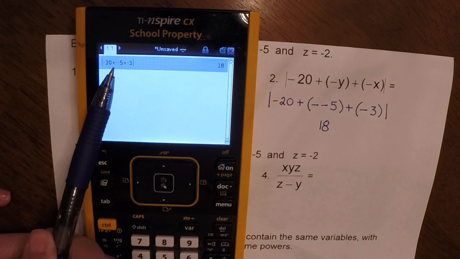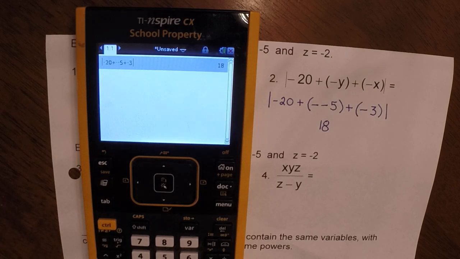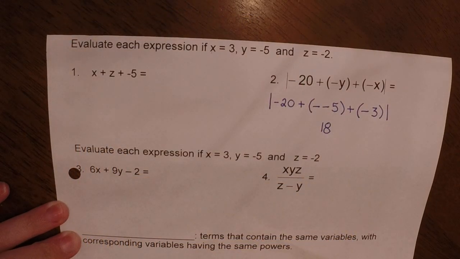It says plus, and it changed both of these to negatives. So if you put a minus and it doesn't think that it should be a minus, it will change it to a negative for you. So if at all possible, use a minus sign when you're doing the calculator. So now, why don't you go back and try number 1 and see what you get as a solution.